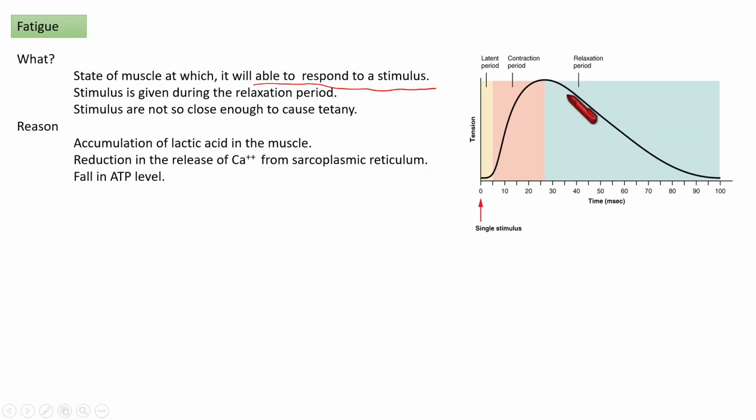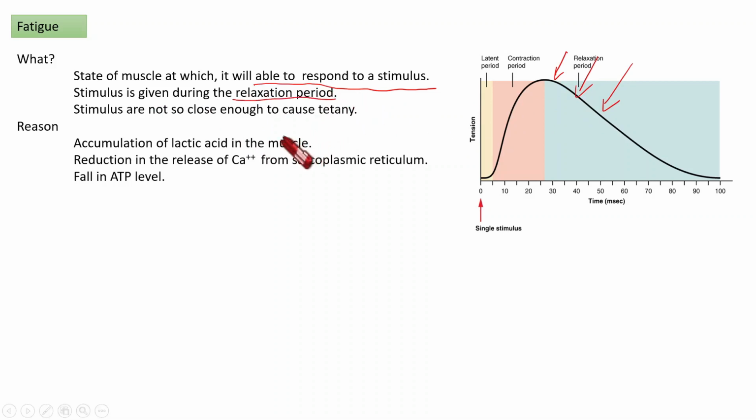Whenever a muscle receives repeated stimuli during its relaxation period, at that time it cannot give a powerful contraction, only weaker contraction, and finally stops responding. During its relaxation time, it is getting that stimulus, so that is why it cannot give a powerful contraction. That is one thing.